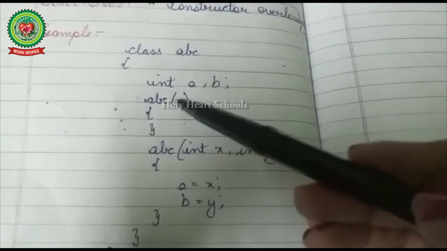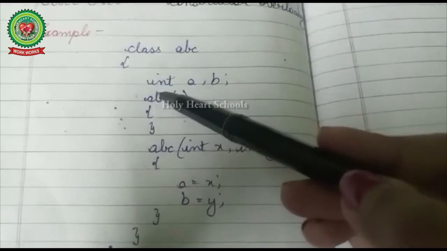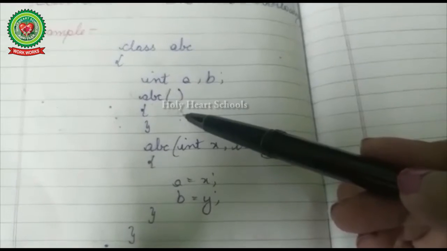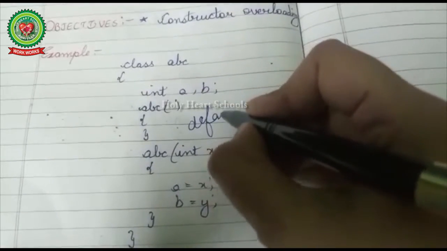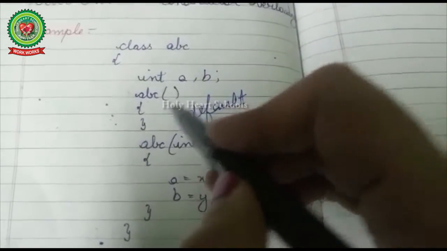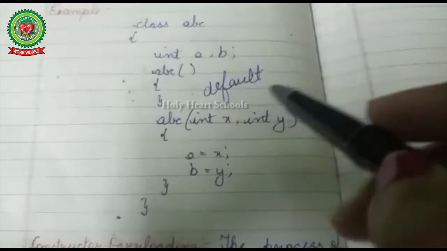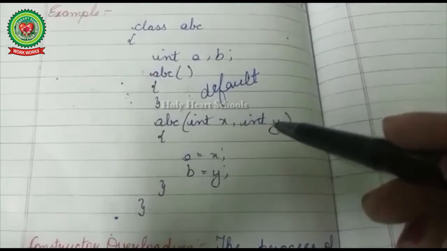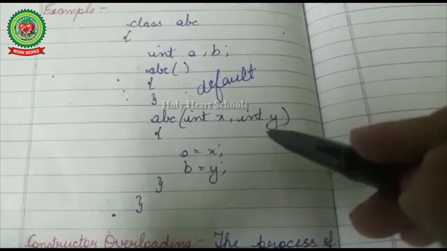Class ABC has the variables A and B of integer type. This is a default constructor, meaning a constructor having no parameters and no statement in its body. In the same program, I have created a second constructor, that is a parameterized constructor.